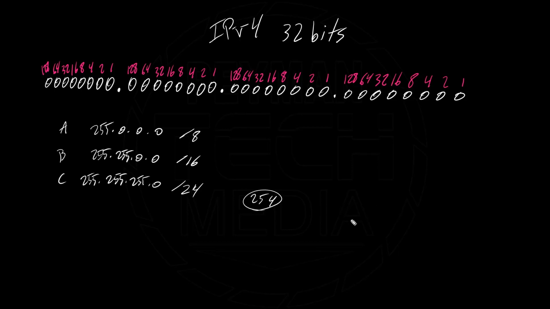We need IP addresses, but we don't want to use 254. So it is better to use a classless subnet mask, not the default subnet mask. And how can we do that? It's basically by using the number of bits.